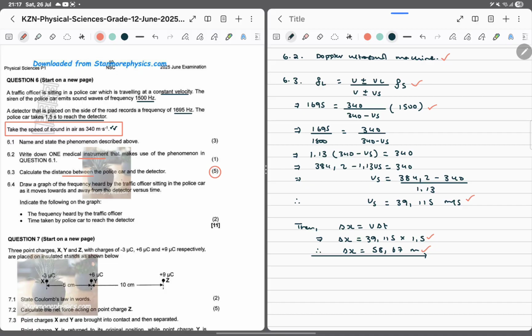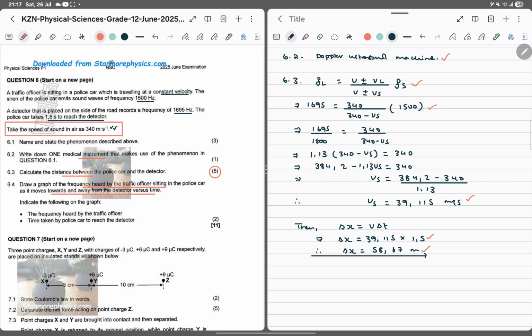That's 5 marks. Okay, the question says, draw a graph of frequency heard by the traffic officer sitting in the police car as it moves towards and away from the detector versus time. Really? Draw a frequency heard by the traffic officer sitting in the police car as it moves towards and away from the detector.